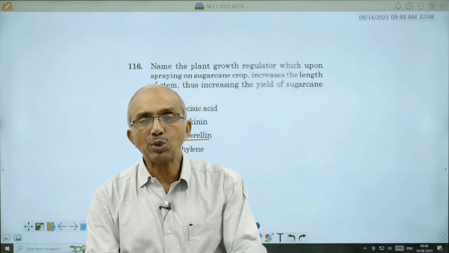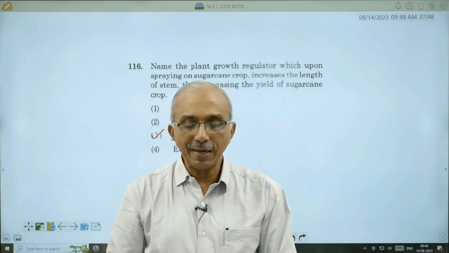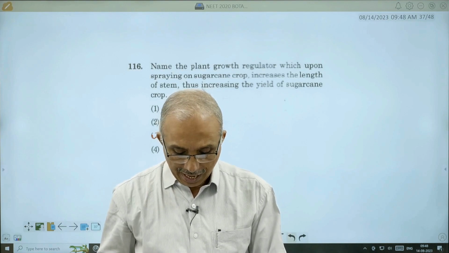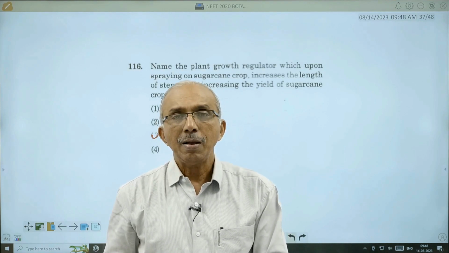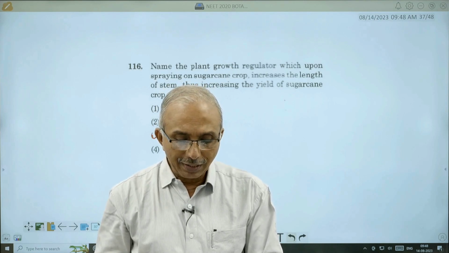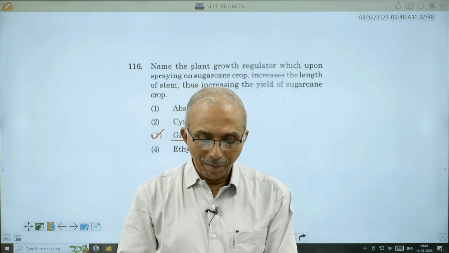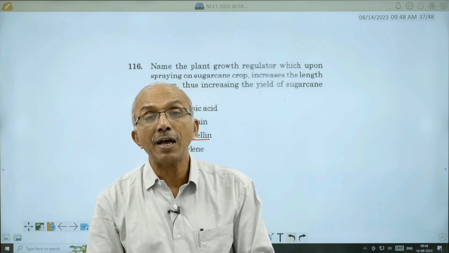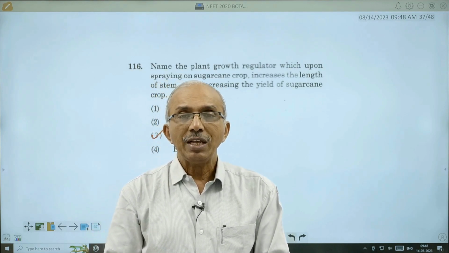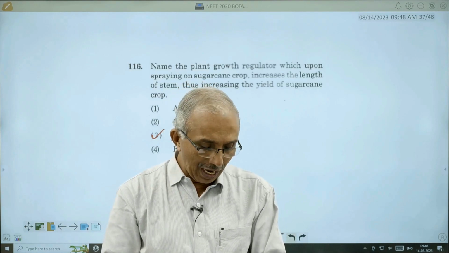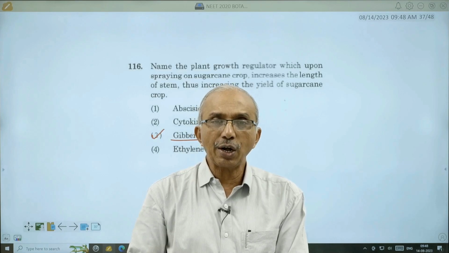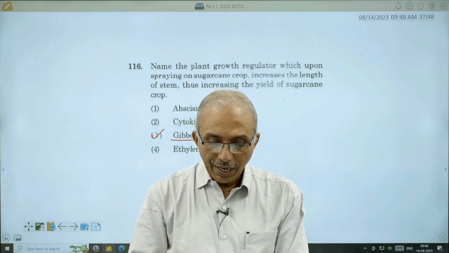So the height of the plant can be increased by increasing the internodal length. The characteristic physiological action is elongation of the internode.